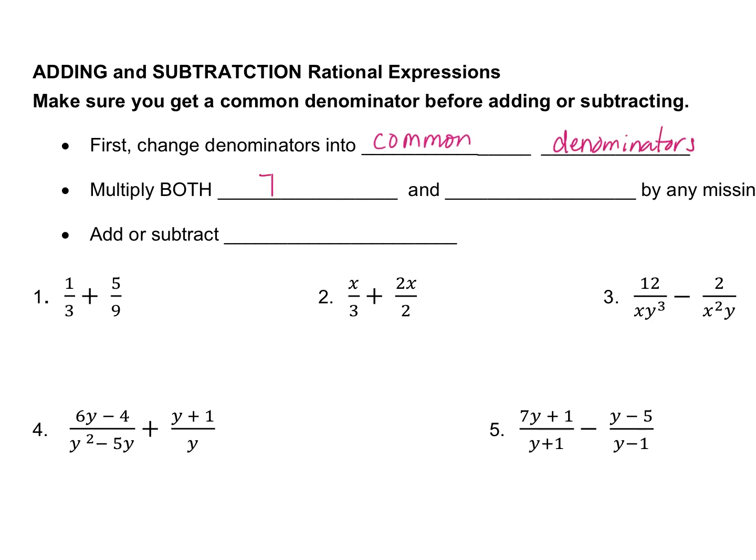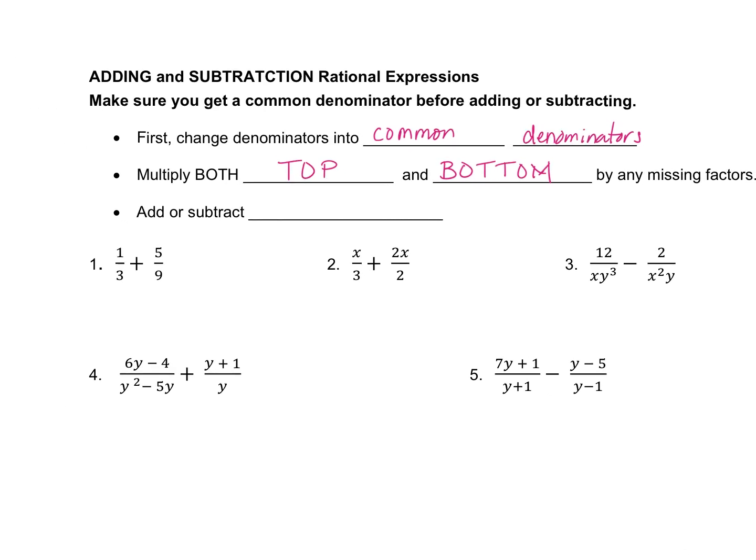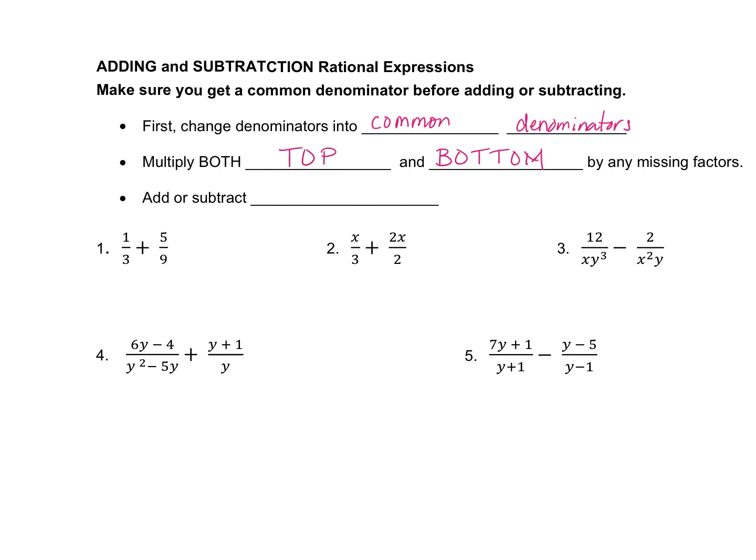Multiply the top and the bottom by any missing factors. And then add or subtract, then simplify.